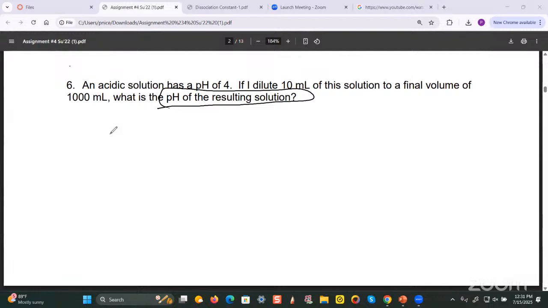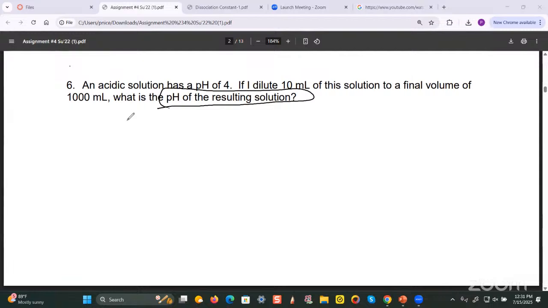Would you add the 1,010 together? Nope. Remember, you're diluting. So you're adding water until it gets to 1,000 mL. You're not adding 1,000 mL to 10 mL. You're diluting to a final volume of 1,000 mL.